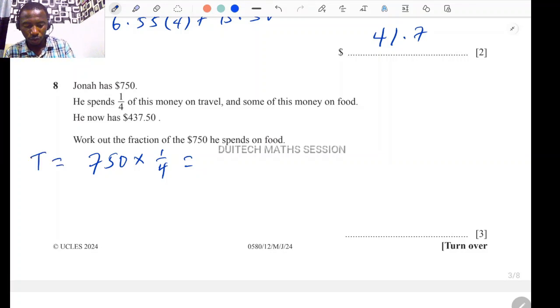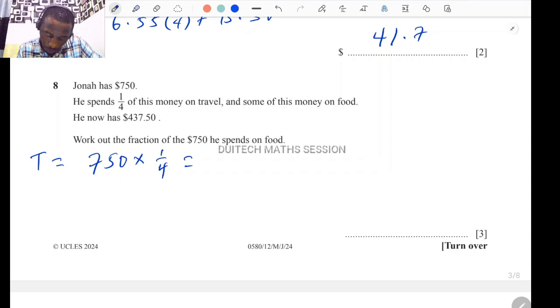So we're going to say, okay, 750 times 0.25. 0.25 is the same as 1/4, because 1 divided by 4 is 0.25. So I'm just converting the fraction. So 750 times 0.25 is just 750 divided by 4. 750 divided by 4 will give us this, right?